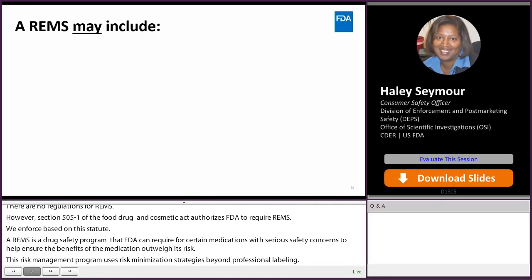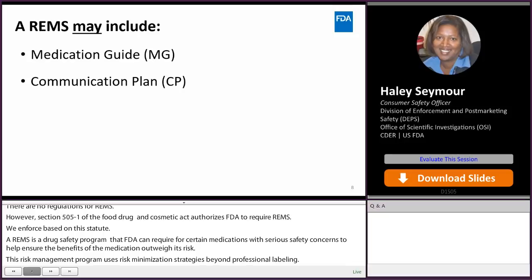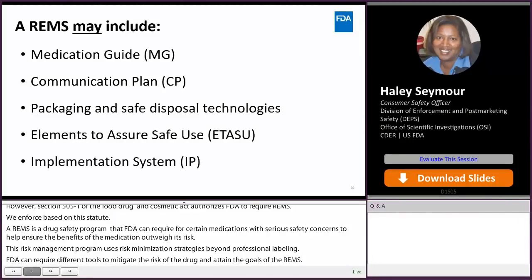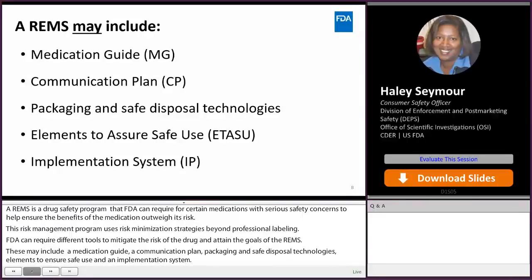These may include a medication guide, a communication plan, packaging and safe disposal technologies, elements to assure safe use, and an implementation system. It is important to remember that all REMS must include a timetable for submission of assessments.